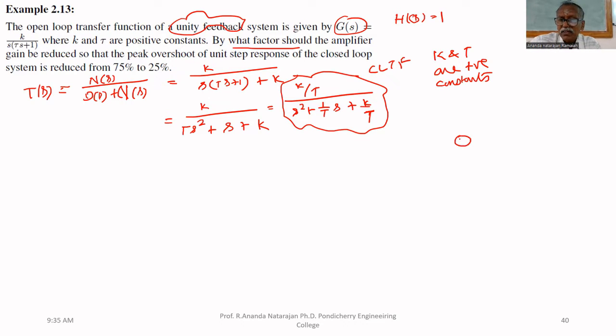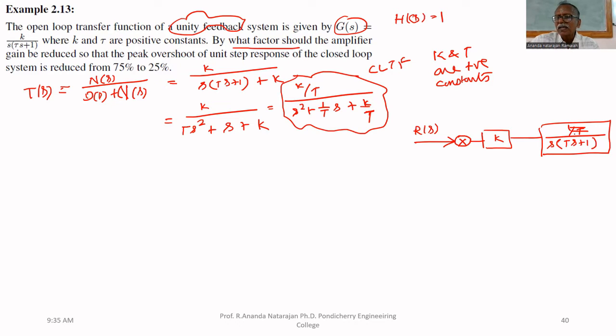Here, we can assume the system like this: I am putting k outside, 1 by tau, s multiplied by tau s plus 1. Why am I writing it like this? Not this, this is the closed loop transfer function. I am writing the open loop transfer function.